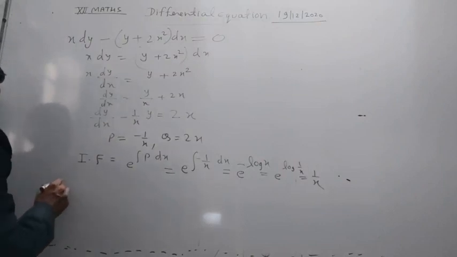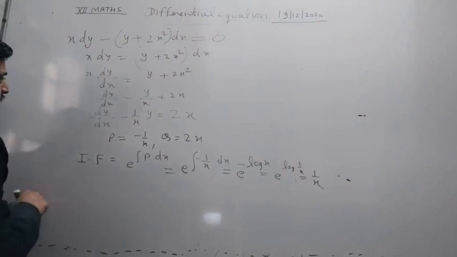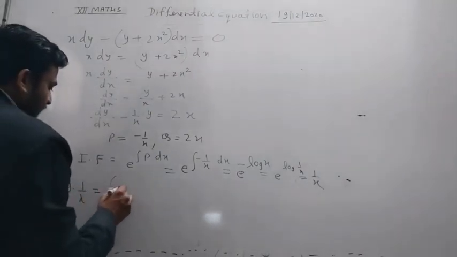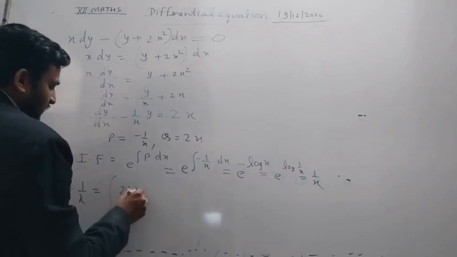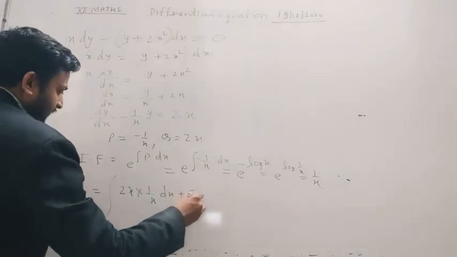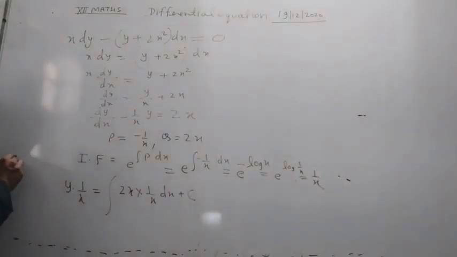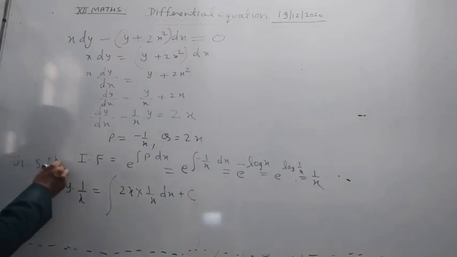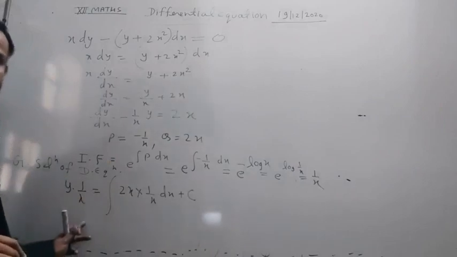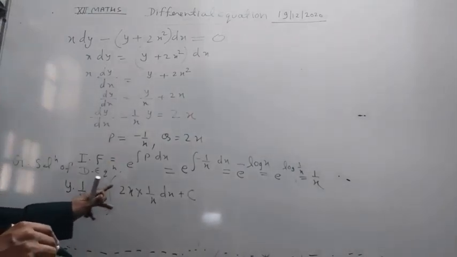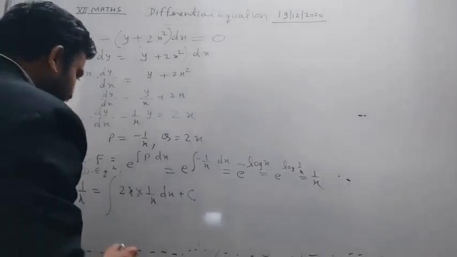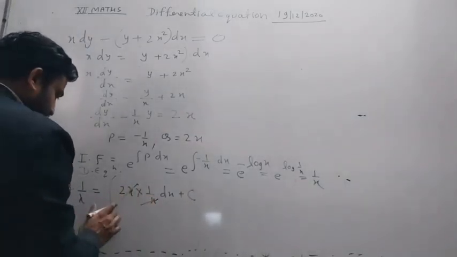So student, we can write y into integrating factor, which is equal to the integral of q into integrating factor dx plus c. This is our general solution of differential equation. Y into integrating factor is equal to integral of integrating factor into q dx plus c. This cancels, student.